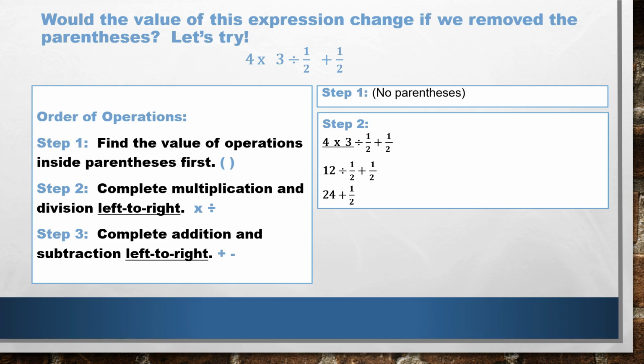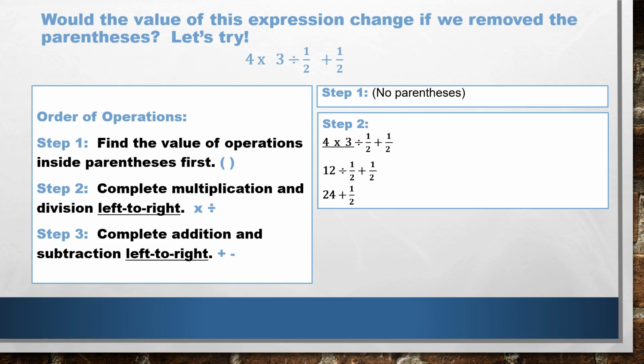So we replace 4 times 3 with 12: 12 divided by 1/2 plus 1/2. Now we can solve 12 divided by 1/2. Since 2 halves fit in one whole, 24 halves would fit in 12. So we replace 12 divided by 1/2 with 24, and we get 24 plus 1/2.